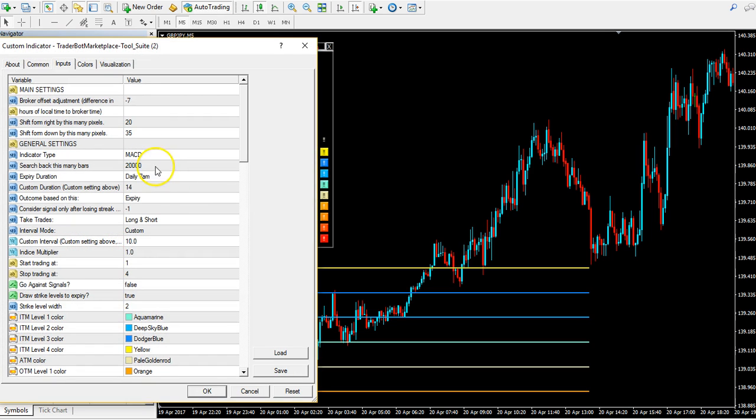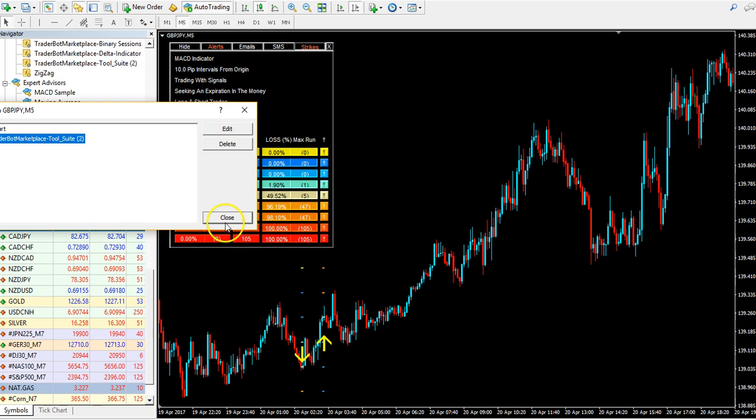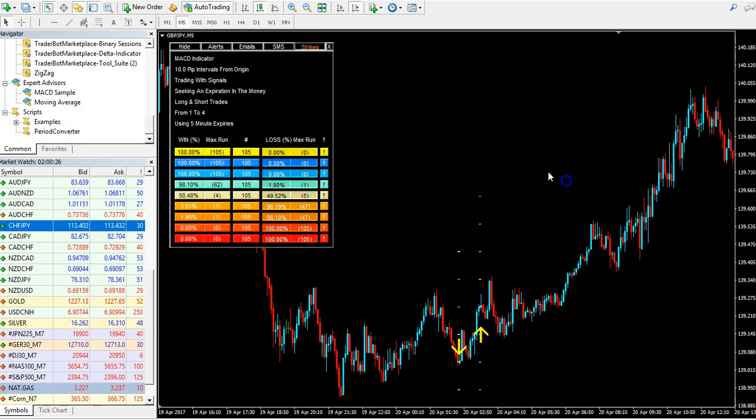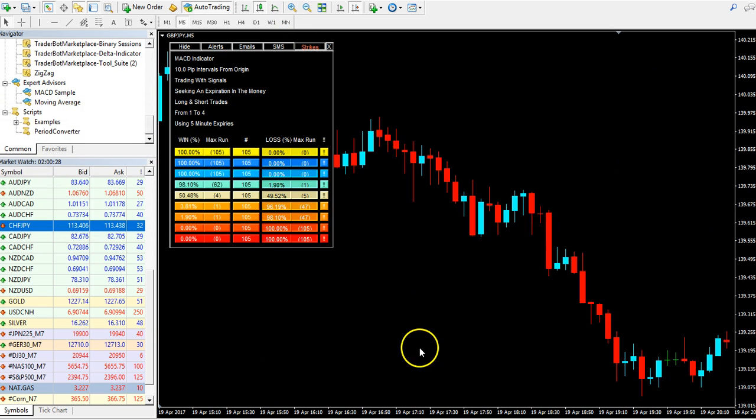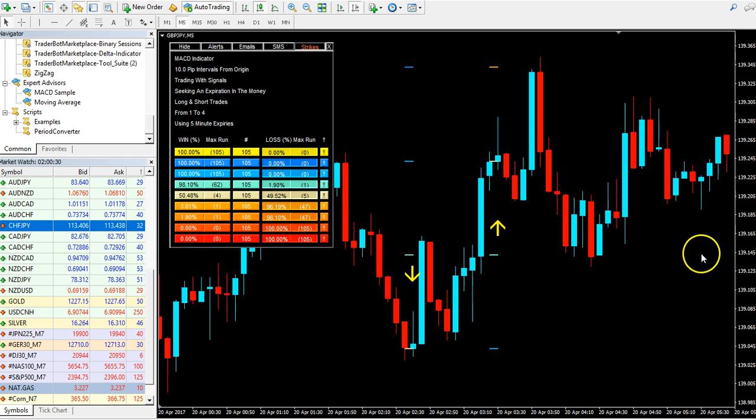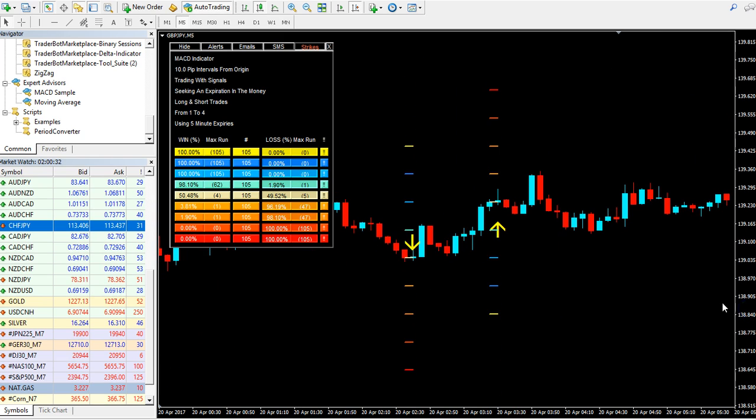So you can choose a 5-minute expiry. And it will look kind of like that. However, even though you have a 100% win rate here and a 0% win rate here, that's because the strikes are too wide. We'll talk about that in the next video. We'll talk about trading 5-minute binaries versus 1-hour or dailies in the next video.